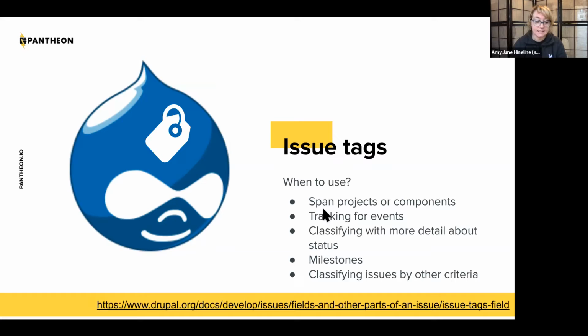Issue tags, I said that these help us find issues when we do searches, because sometimes tracking issues for initiatives can span multiple projects or multiple components, so tagging things the same will help people have a clear list of what to work on.